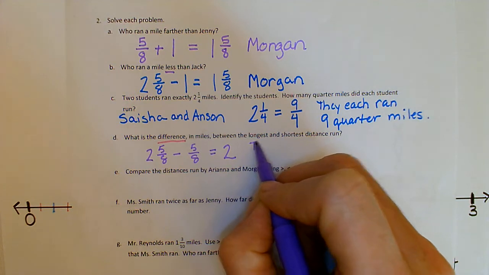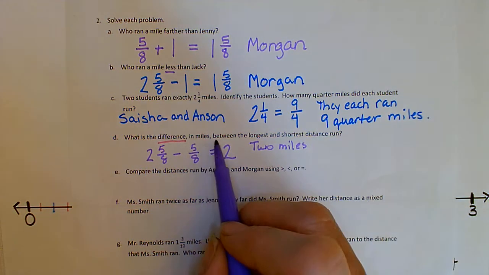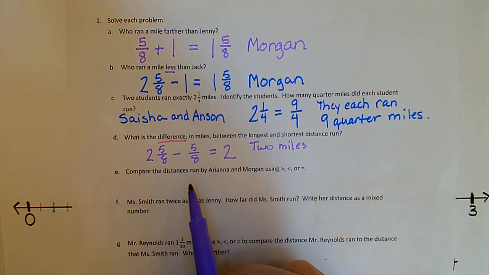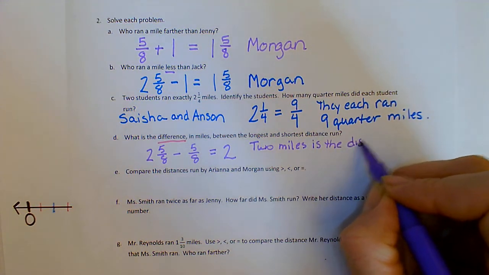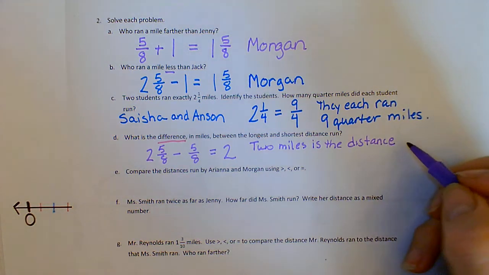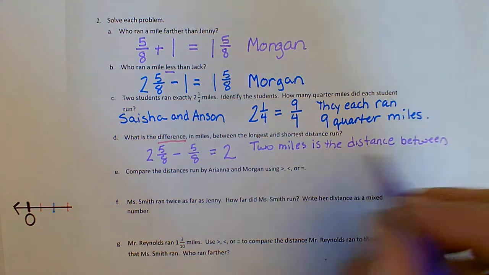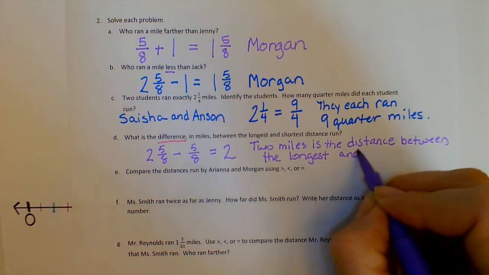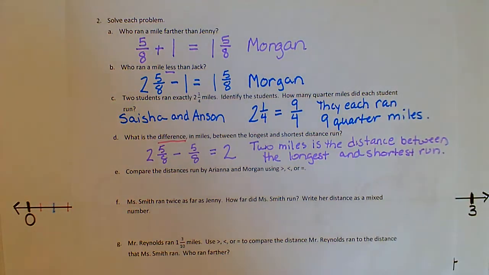I always like to write it out, but you could write the number 2. 2 miles, and I'm pulling it right from here, is the distance, or the difference, but I'm going to write the distance, between the longest and the shortest run.